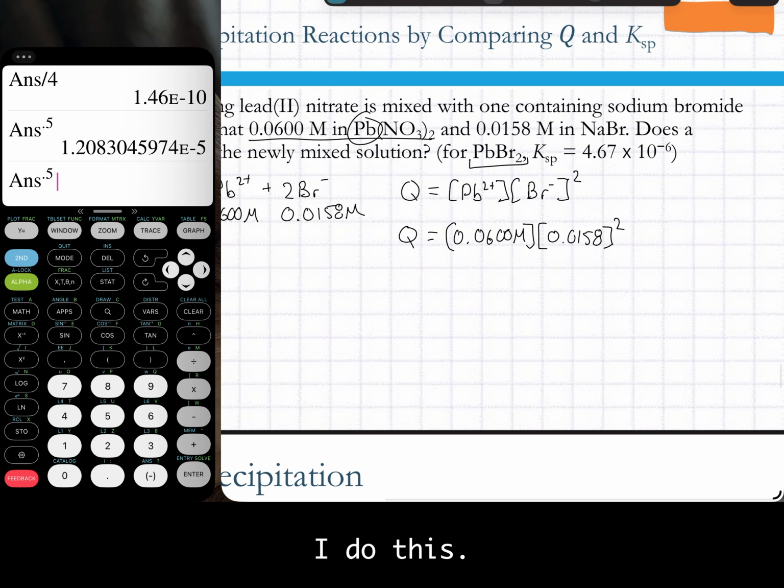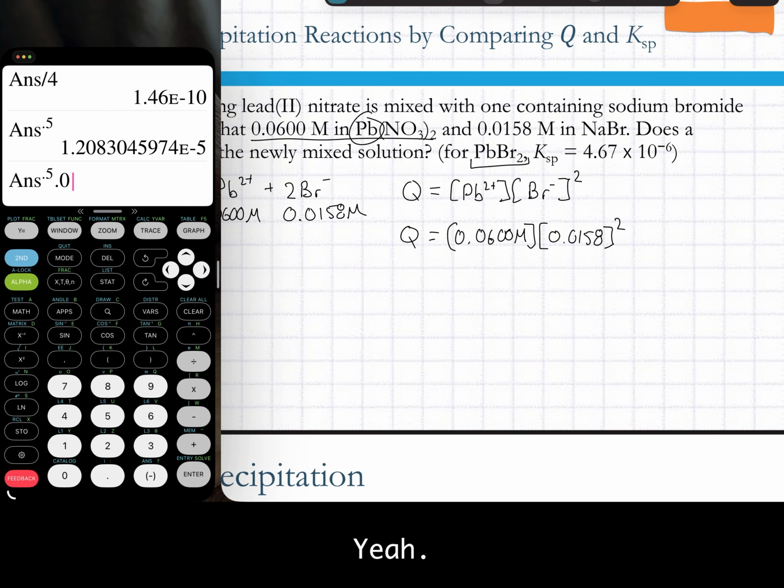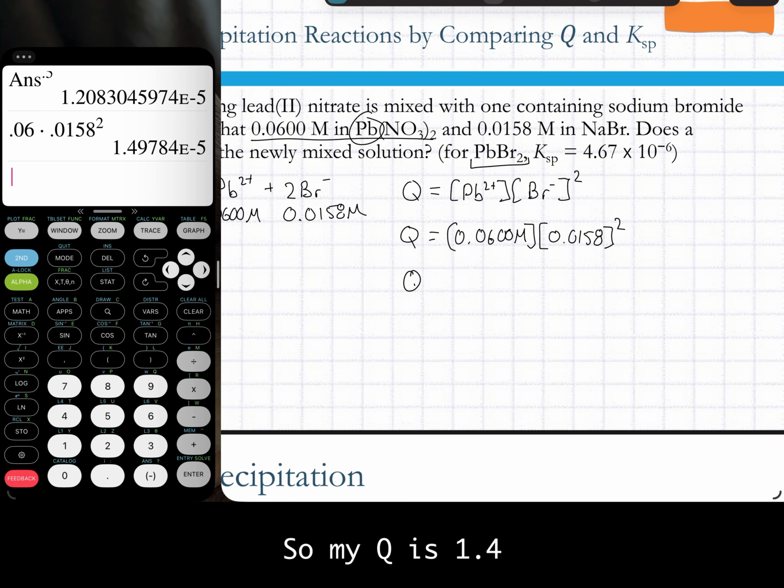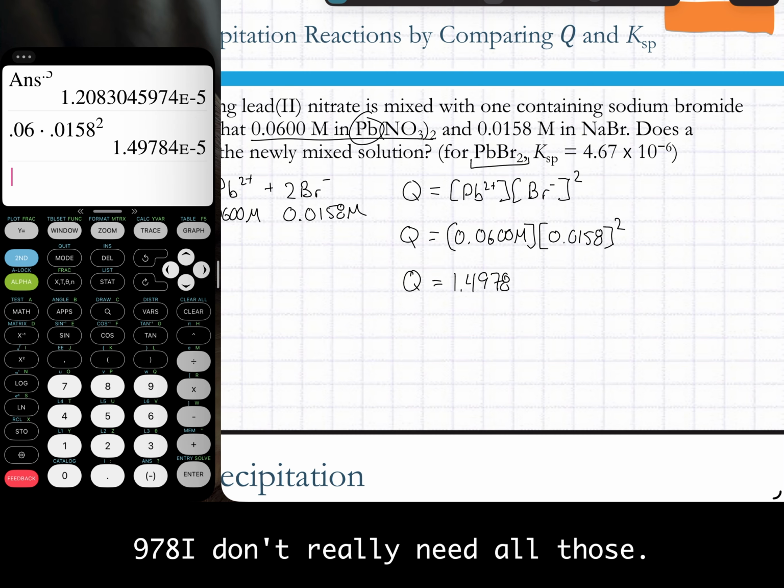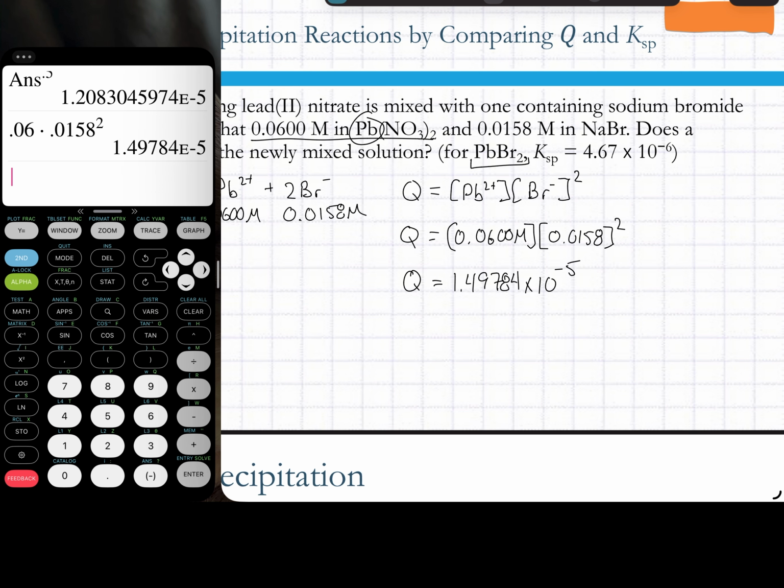Let me do this. 0.06 times 0.0158 squared. So my Q is 1.4978. I don't really need all those, but times 10 to the negative 5.